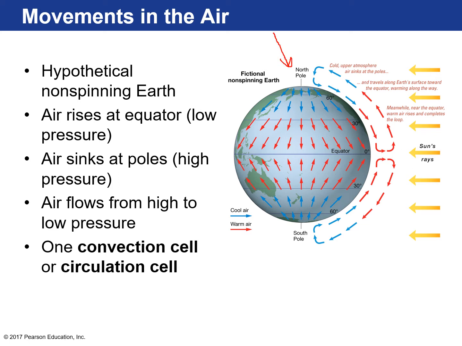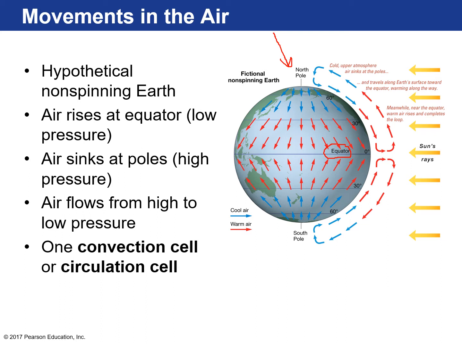Knowing what we know about convection cells and how air masses behave depending on their temperature and density, what we would expect is at the equator, at low latitudes where there's a lot of solar energy coming in perpendicular to this planet, it'll heat up the air masses at the equator, make them warm, less dense, and they'll start to rise.